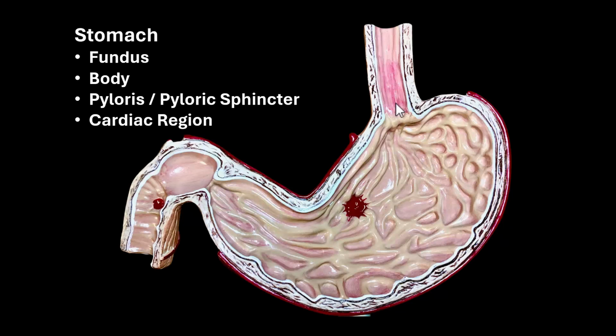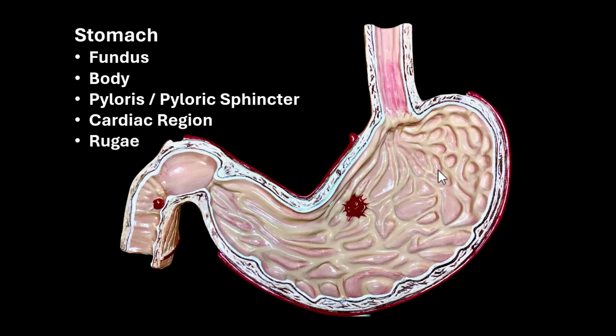Okay. And what do we normally call that? Heartburn, right? And so that's how I remember this is the cardiac region, or the cardia. And when that cardiac sphincter or lower esophageal sphincter, the LES, is relaxed, I get heartburn.